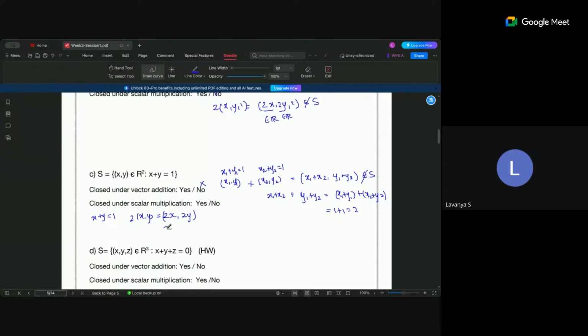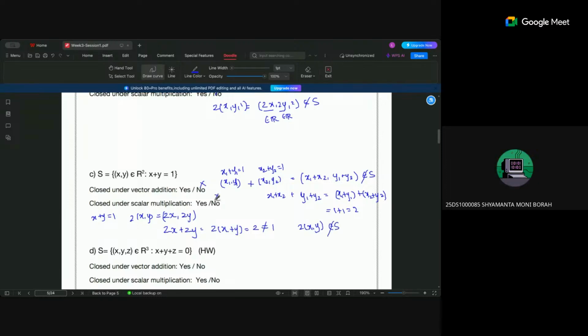What is the sum of these two? 2x plus 2y is 2 times x plus y, which is 2, which is not 1. It means 2 times x comma y does not belong to S. So it is not closed under scalar multiplication. So at all times, ma'am, it should retain the property, right? And the condition, basically. Yes.